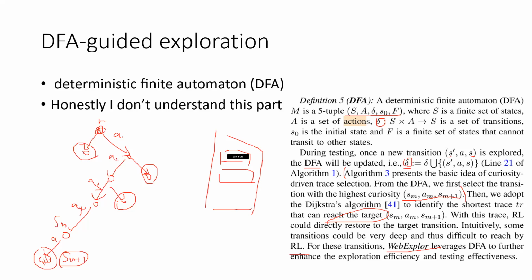You need to input a username, input a password, and click a button. So if we just input the username and do something else, then it will always be stuck on these states, right? Yeah. So somehow the challenge here is that there is a sequence of actions to trigger another state.